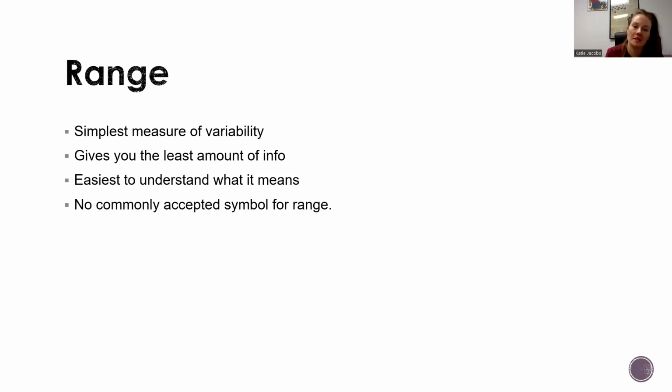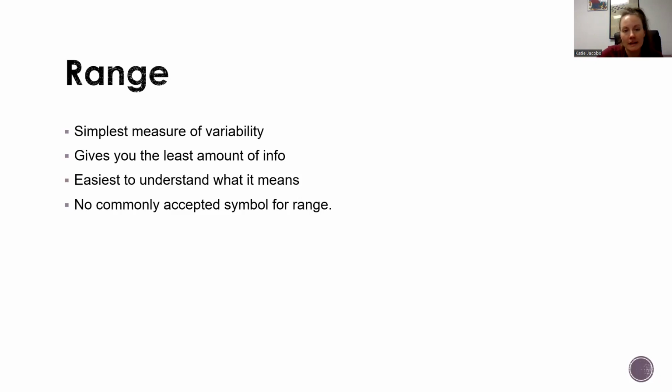Something else that's interesting, there's no commonly accepted symbol for range. So for this class, typically what I'll do is if I want to identify which type of range it is, I'll usually write out the word range and then put a subscript. For the inclusive range, I'll usually put INCL. For the exclusive range, I'll usually put range and then lowercase EXL or EXCL.